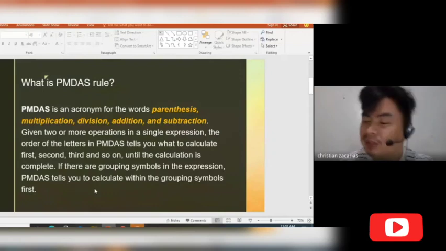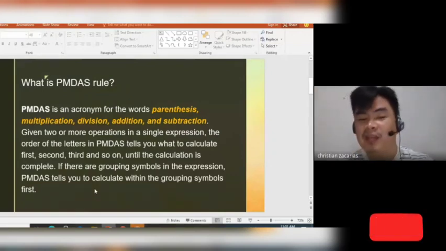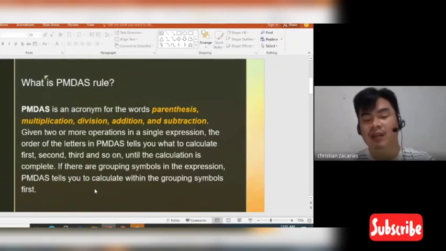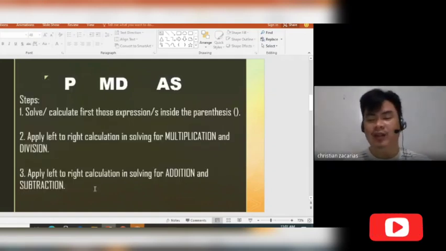So kaya nga ibig sabihin that the PMDAS there, okay, nag-start siya sa letter P, so we are going to start calculating everything about those inside the parentheses. Okay, kung ano yung mga nasa loob ng parentheses, yun muna isolve natin. Then we have to start with the M and D and then A and S until magawa natin hanggang sa pinakadulo. Okay? Now, paano ba natin kinakalculate sa PMDAS here?